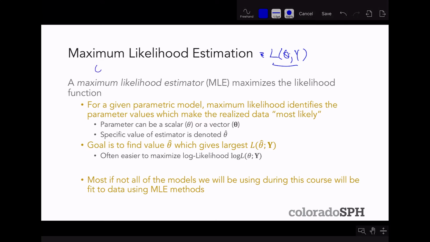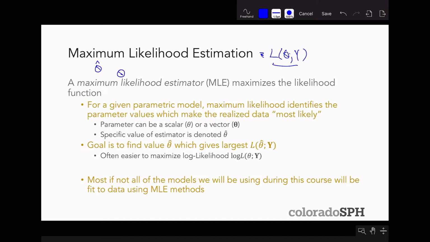So theta hat, this little caret on top of theta is called a hat, represents a specific value of theta that you've actually estimated in some way. Without the hat, it can take on any particular value, and it's still a random variable, just FYI.